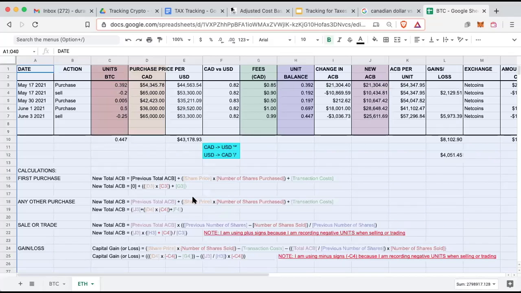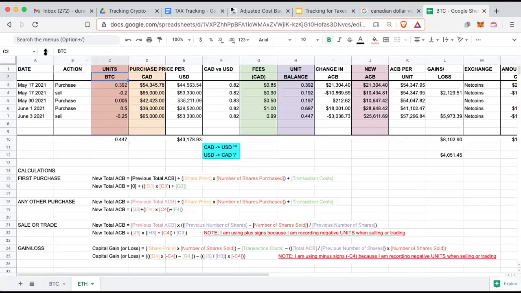Here we have everything. Now you would change that to Ethereum. And you may not want to delete everything here, but you could start recording your first purchase. Maybe you bought 0.5 of an ETH and the price was $2,000, and everything starts to change. The fee was 23 cents.